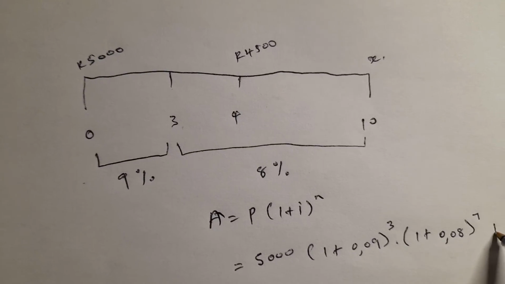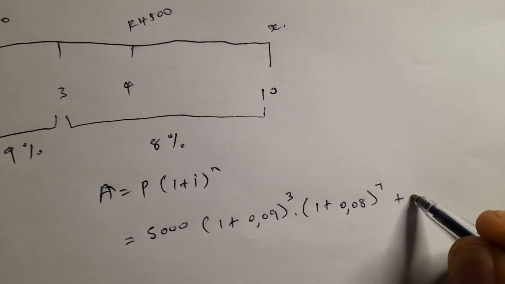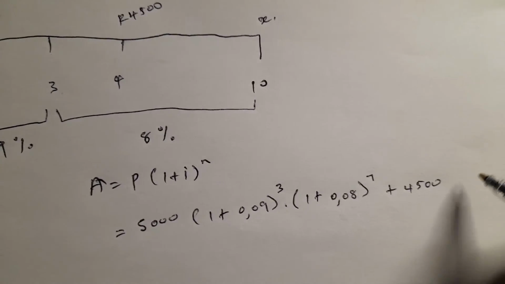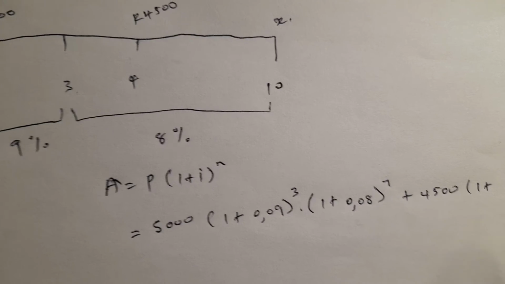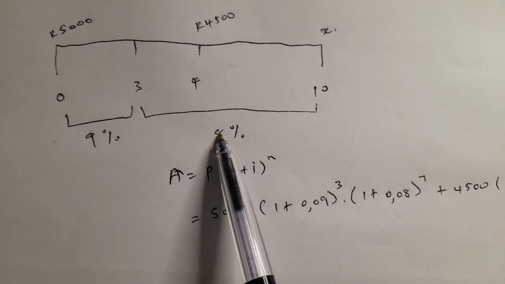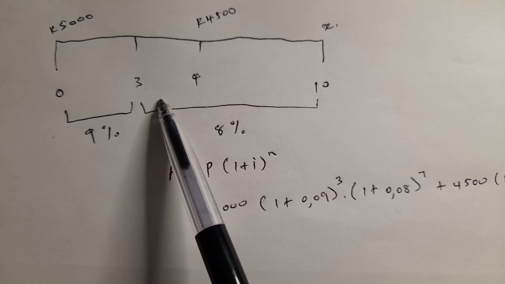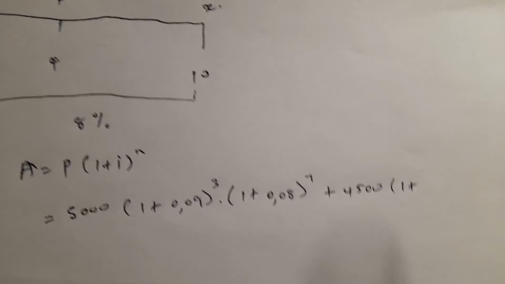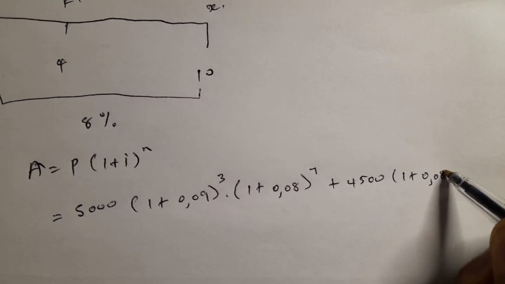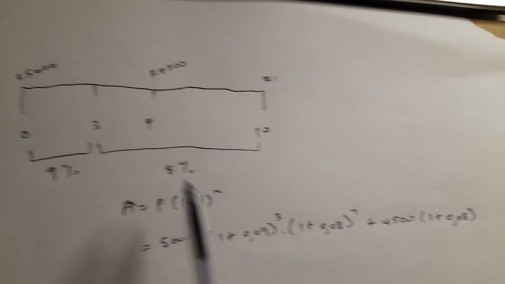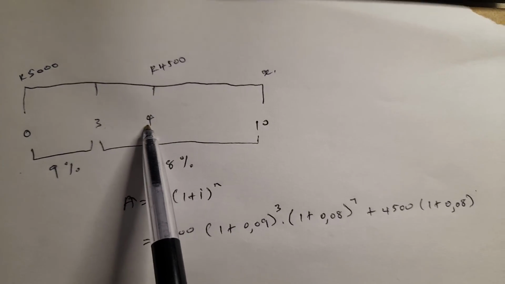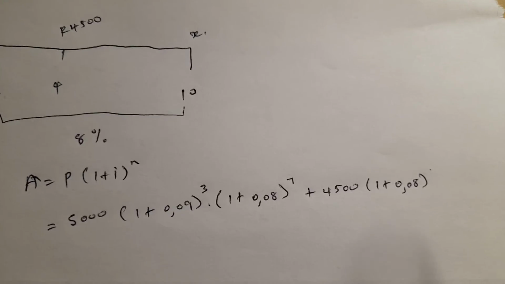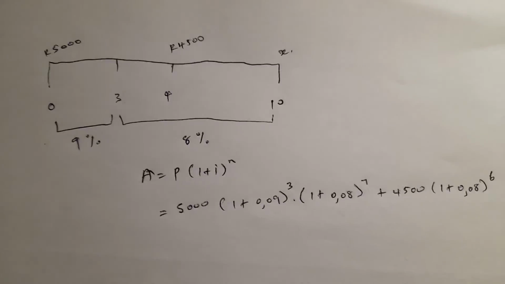So we'll just add 4,500, and the money will be there with which interest rate, 9 or 8? Obviously it will be 8%, because it is within this period. So it will be 0.08 to the power of how many years has it been there? From 4 to 10, that is 6 years, right?